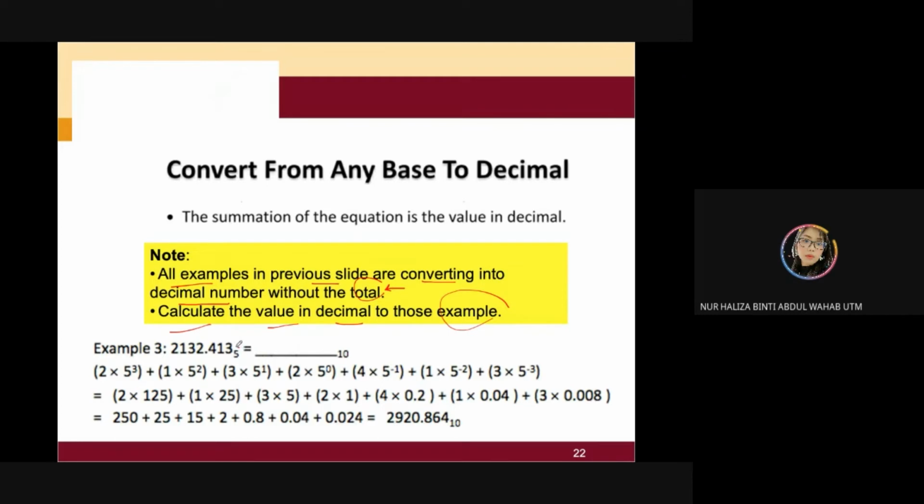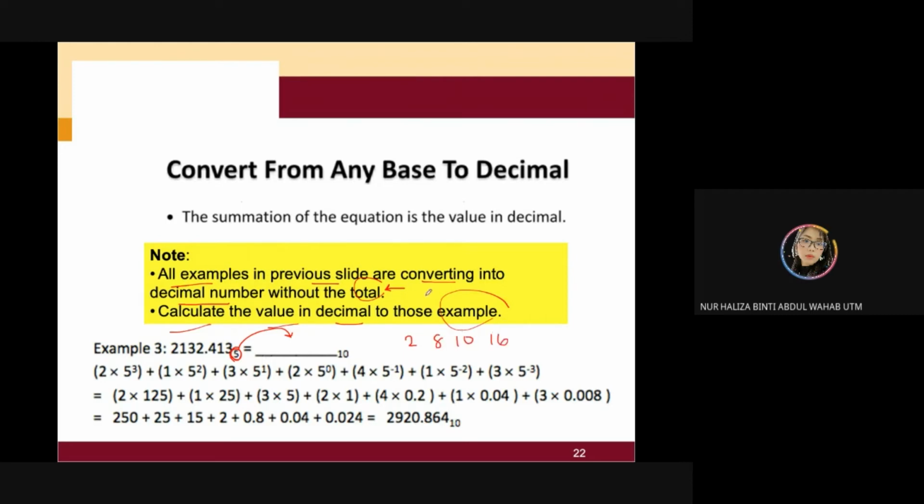So here there is another base 5. You can try to play around and convert it. Although as I mentioned, in our digital logic class, we're going to focus on 2, 8, 10, 16 only.